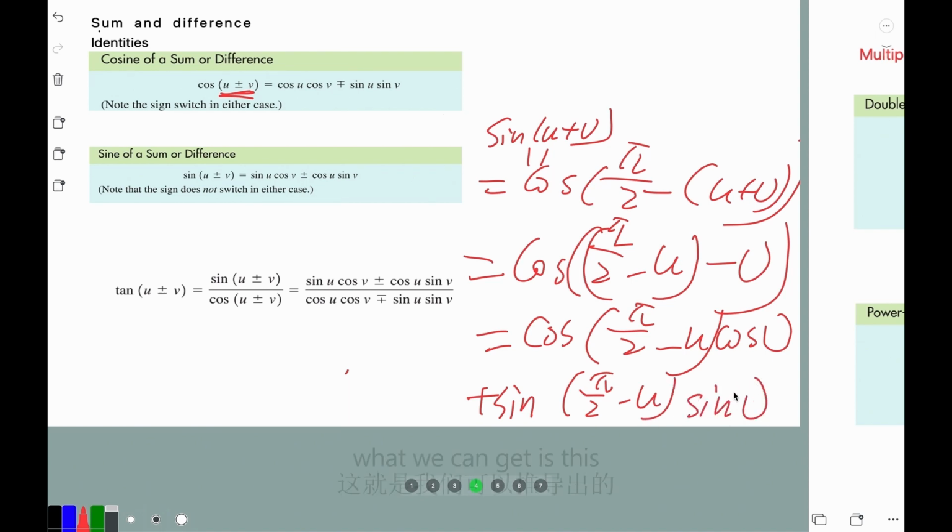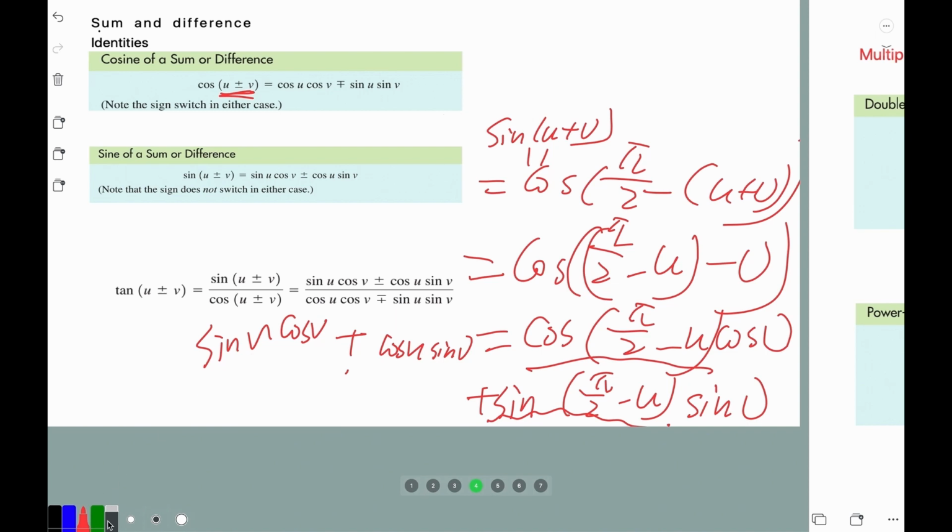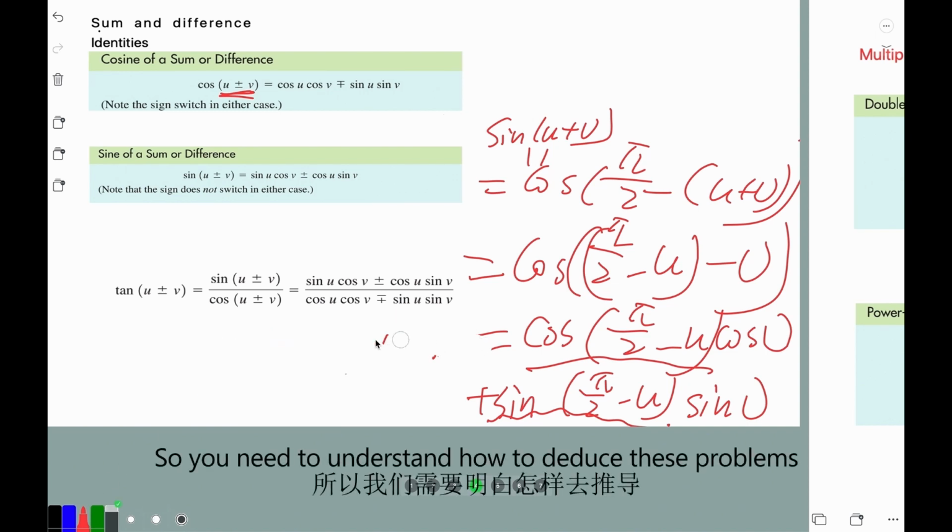So it's just sine u cosine v plus cosine u sine v. You need to understand how to deduce these results.